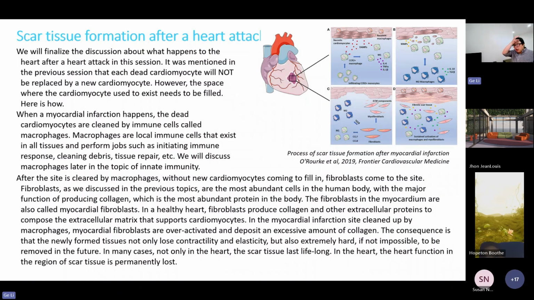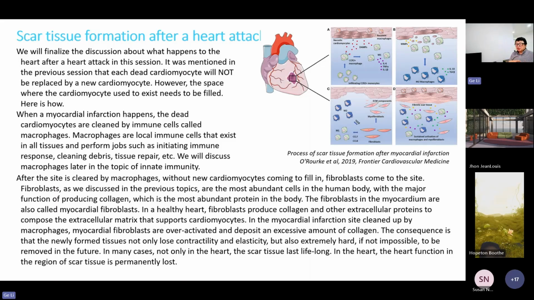And sometimes at the same time, macrophages also come here to remove the blood clotting and other stuff. In these cases, the macrophage may further activate the fibroblasts into a very active status, and then the fibroblasts just deposit tons of collagen into this site.